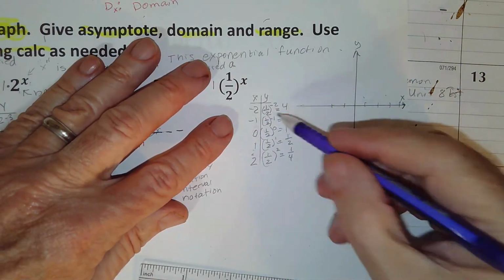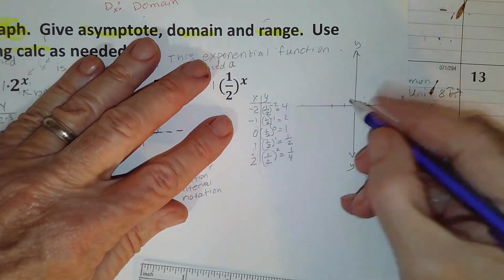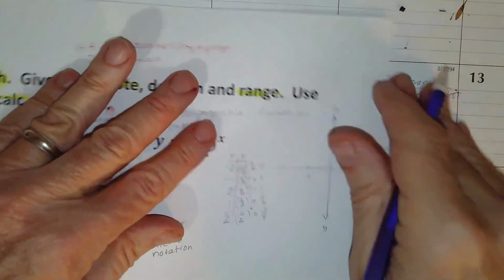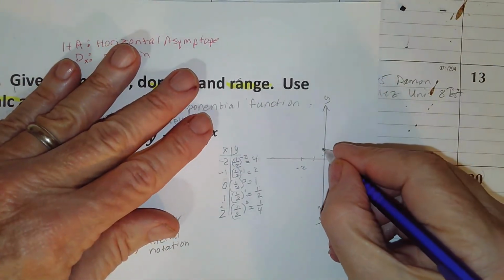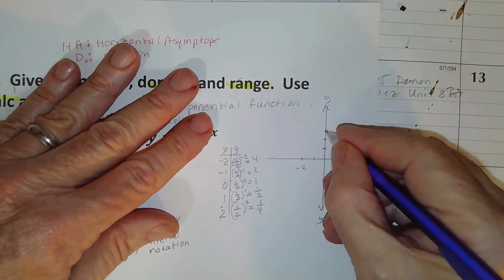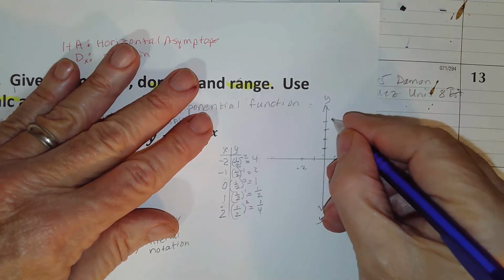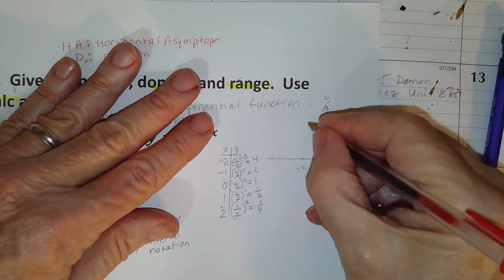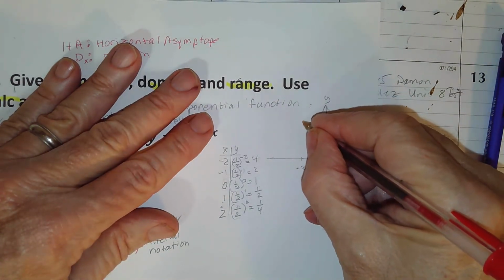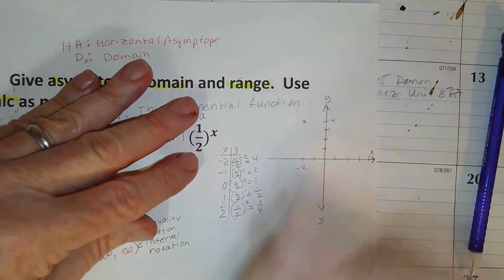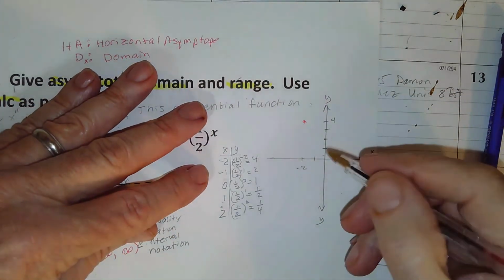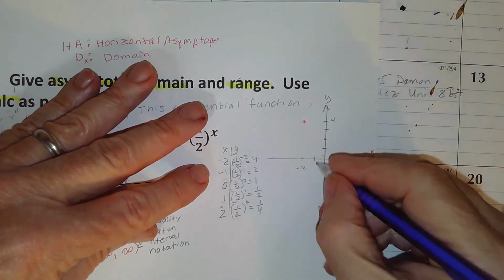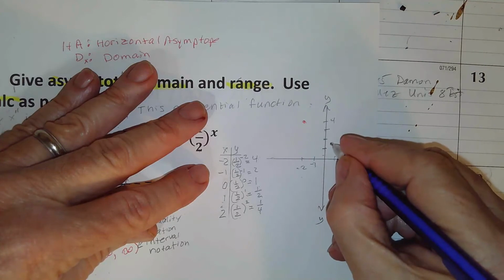So, okay, if X is -2, that's over here, -2, Y is 4. Oh, we do have to go up here as high as 4. So 1, 2, 3, 4. So here's 4. So -2 and 4. It's about here. And then X is -1, Y is 2, which is right here.